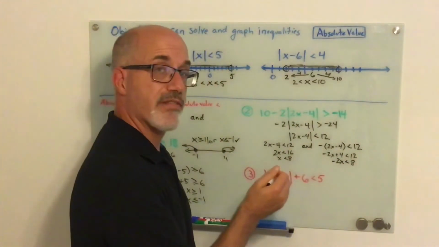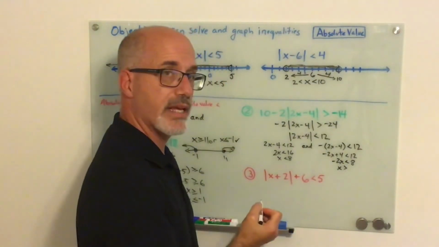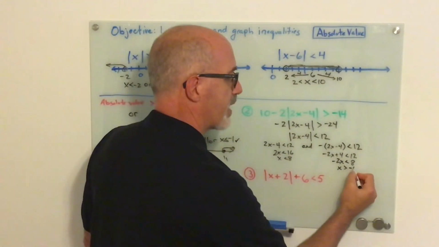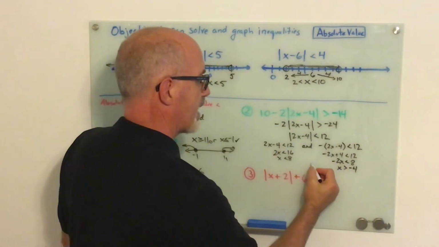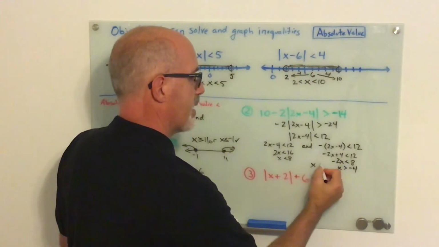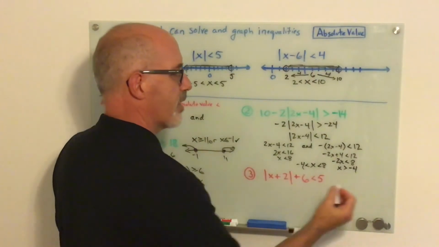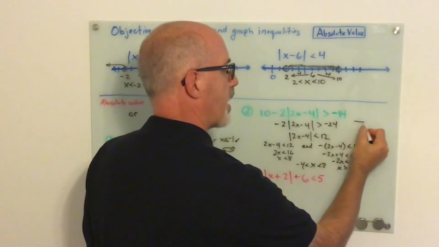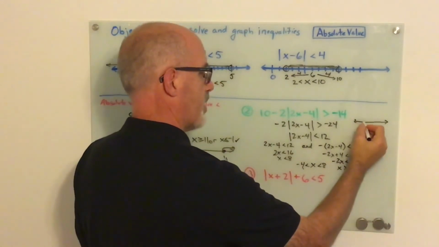And now when I divide by negative 2, I've got to reverse my inequality, so I get x is greater than negative 4. So my answer here is going to be that x is between 8 and negative 4, because it's an and problem.